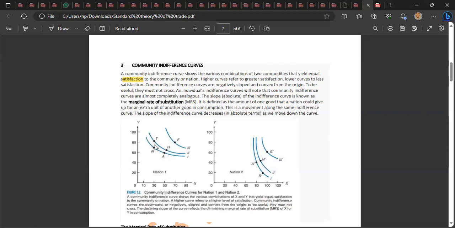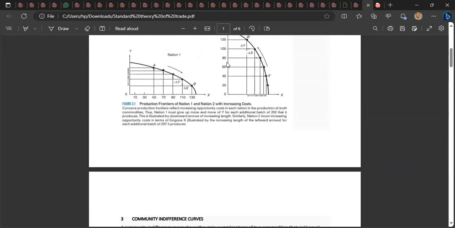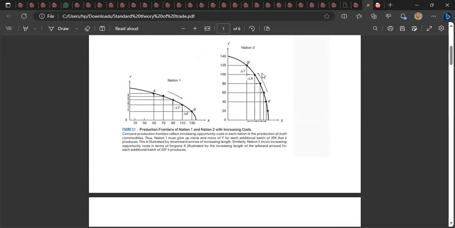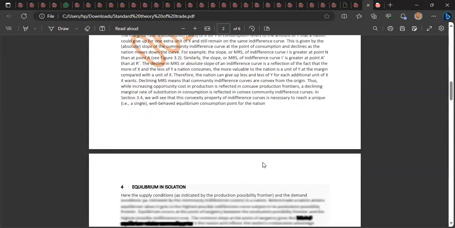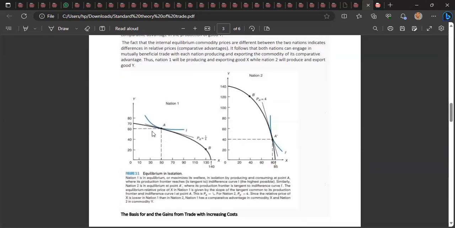So it's going to be represented as an indifference curve like this. The easy way to think of an indifference curve is as an illustration of your demand of commodity Y and commodity X. And then this one here, your PPF, think of it as your total production of commodity Y and commodity X. When we talk of equilibrium, where your demand and your supply meet, remember that an indifference curve is really a map.